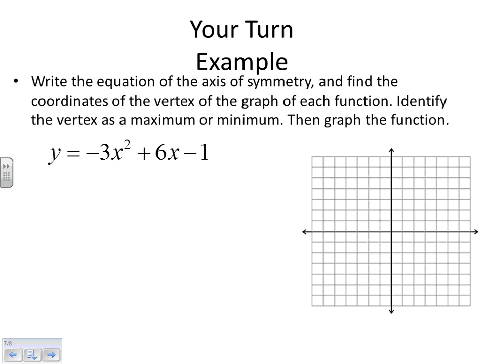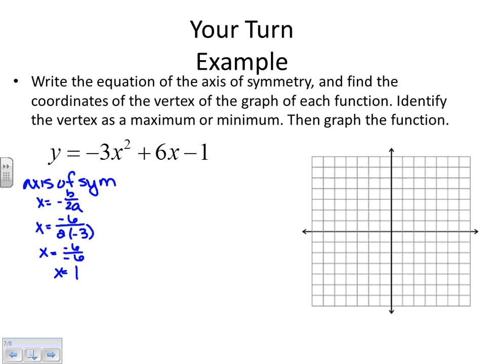Okay, so we have the axis of symmetry as x equals -b over 2a, and we plug in -6 over 2 times -3, and we get x equals -6 over -6, and x equals 1. Our vertex.